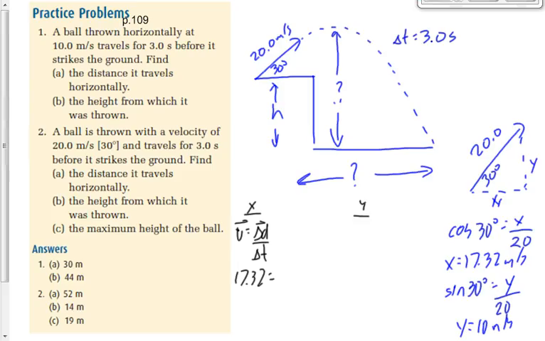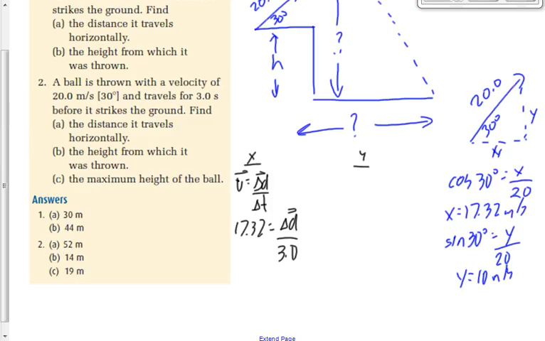The displacement here we don't know, we're trying to find that, right? And the time is 3 seconds. Oh, look at that. We can find the displacement right away. We can't do that with all the questions we see, right? But in this one, like the last one, we could. Delta D is equal to 3 times 17.32, which gives me 52 meters. Almost exactly 52 meters. So A is done now.